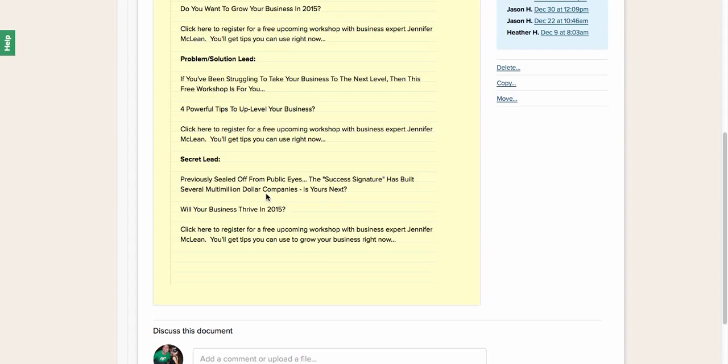And so now the right person is reading this and they want to know what is this success signature? And then we're even asking them further, is your company next? So now what we've done is we've pulled them into the copy, we've created this success signature and set it up as a secret, and we've shown that it's been responsible for creating the benefit that our ideal audience wants.